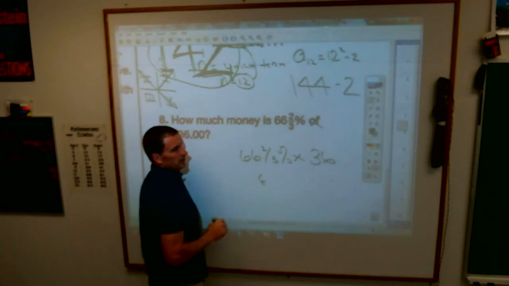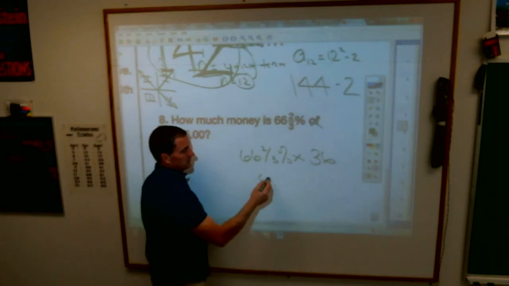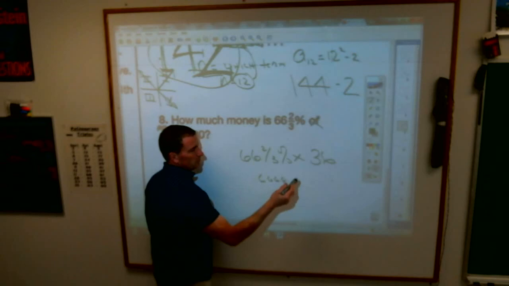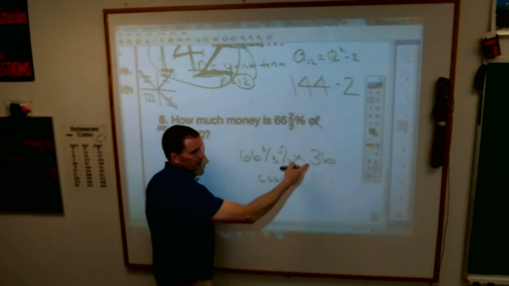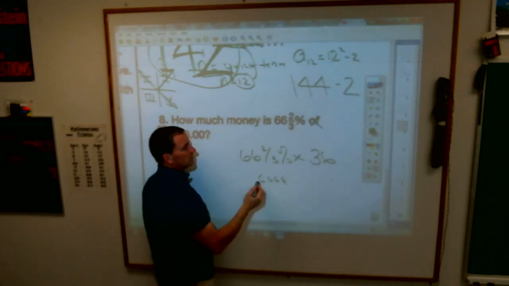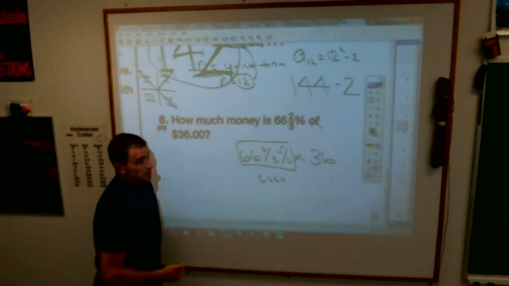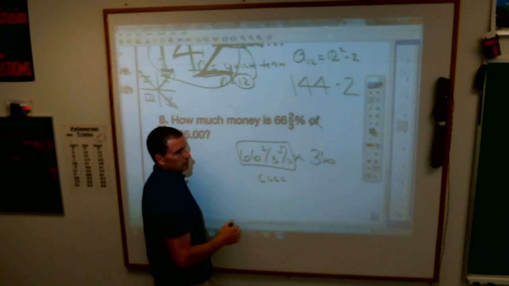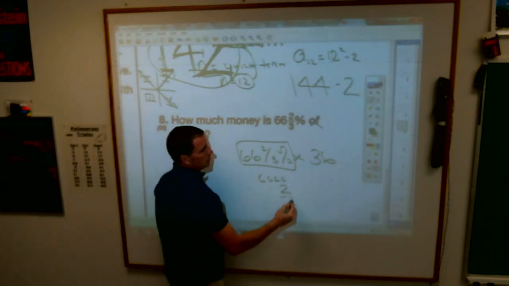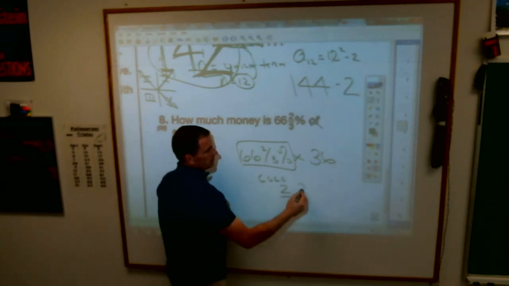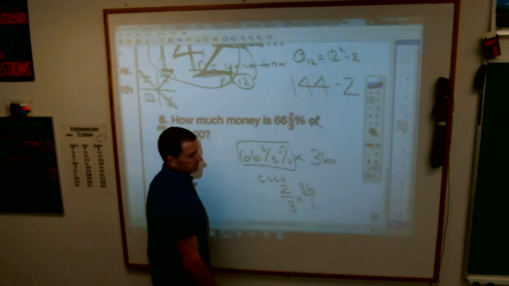You can't do that because it's 0.6 repeater. You'd have to keep writing 6 forever and try to multiply forever 6 times 36 and it won't work. You have to recognize that the only way to multiply with that is to change it to its fractional equivalent, which is 2/3 times 36 over 1.